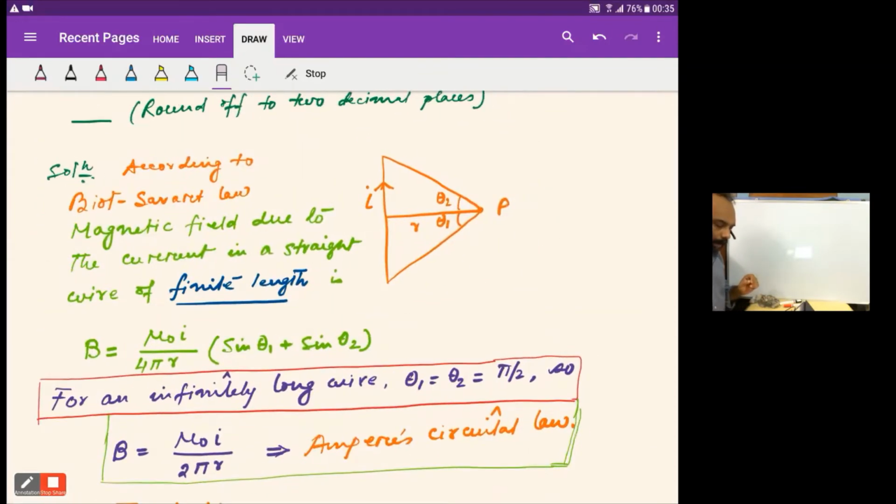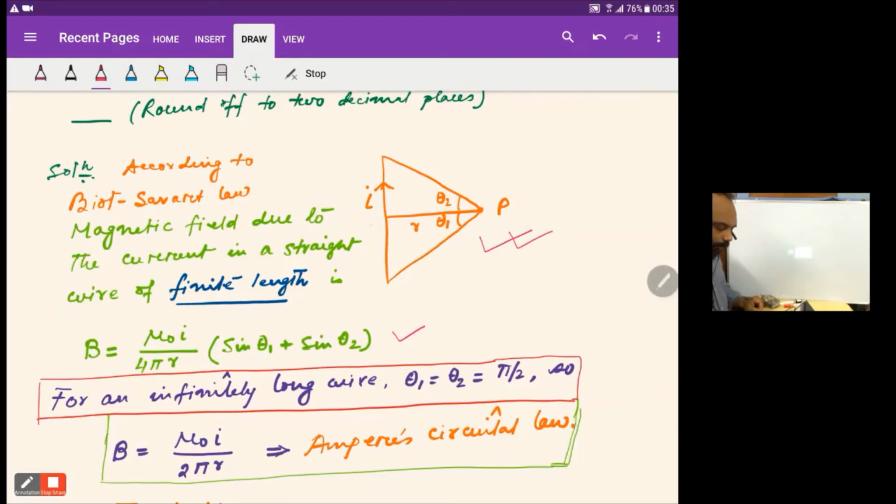So here we are going to use the Biot-Savart law. According to the Biot-Savart law, the magnetic field due to the current in a straight wire of finite length is B equals mu 0 I by 4 pi r times sine theta 1 plus sine theta 2. That picture is shown over here.